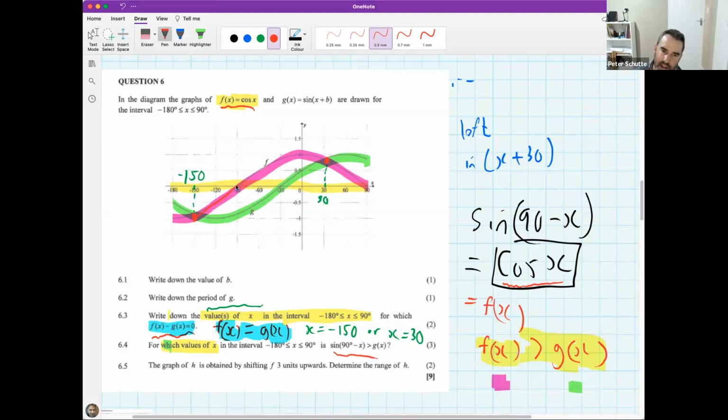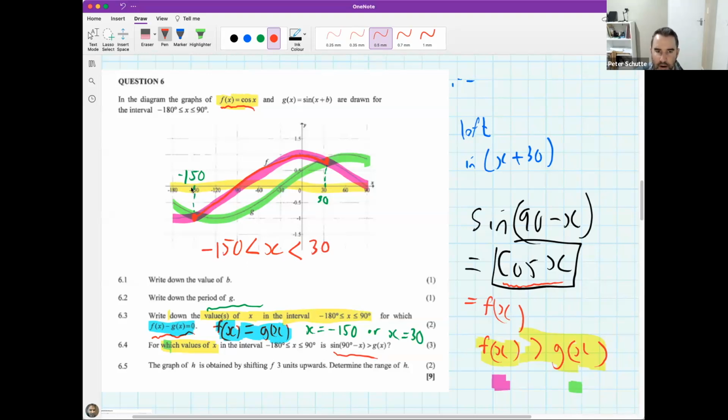So it's almost like from here to here is when the purple is above the green. And they're the same at minus 150, they're the same at 30, but between those two values, so for 6.4, it feels to me like I'm looking for x values that are greater than minus 150, but then they're less than 30.